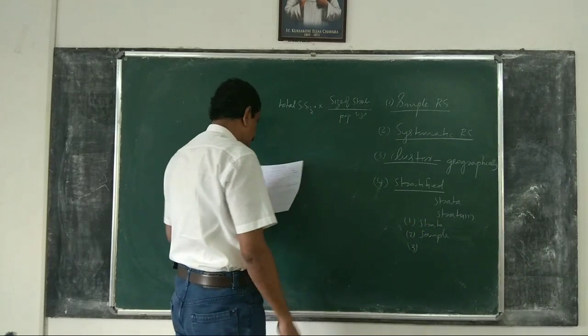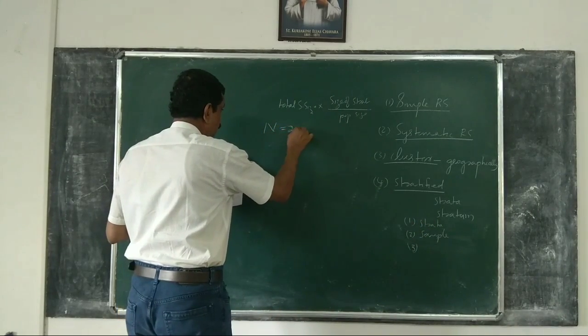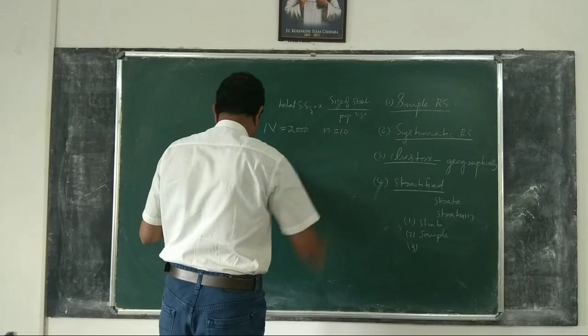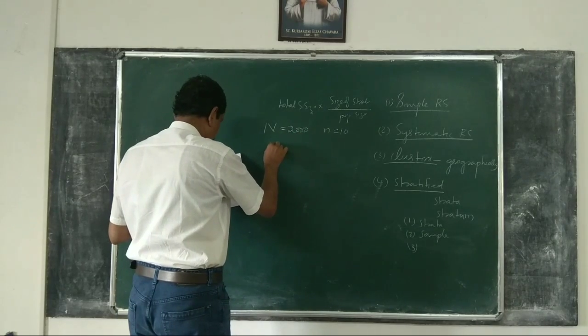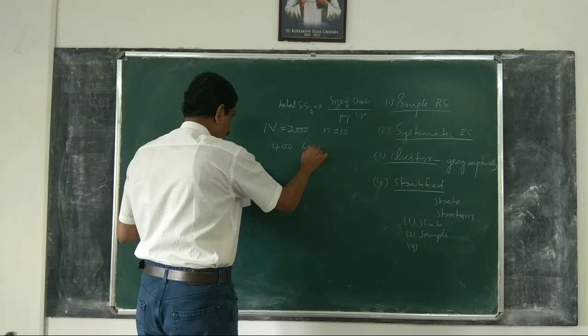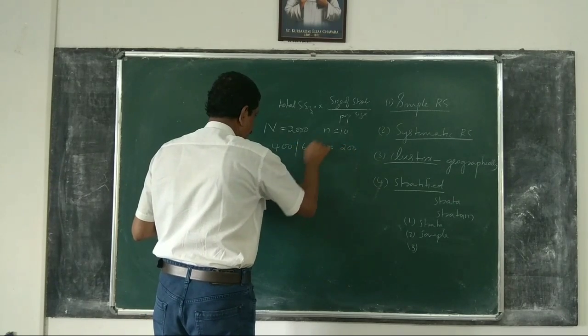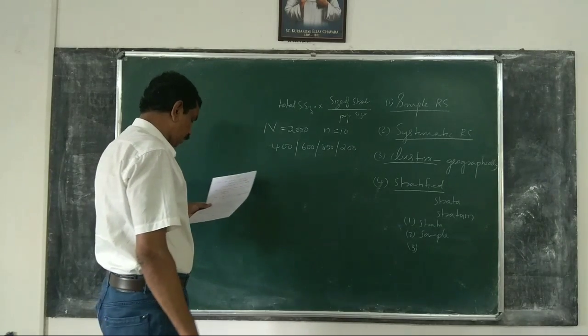As an example, suppose that N is equal to 2000 and you want a sample equal to 10. And suppose that this is divided into 4 strata having 400, 600, 800, 200. Population in each stratum 400, 600, 800, 200.